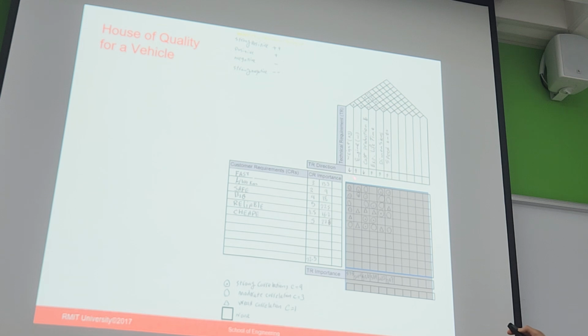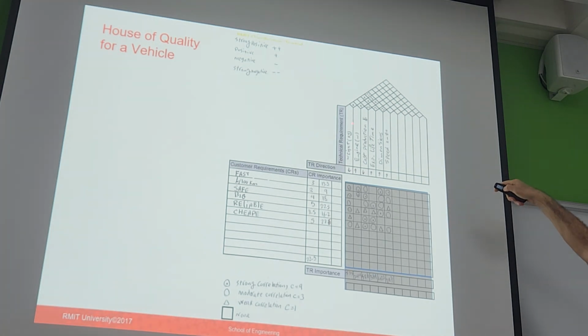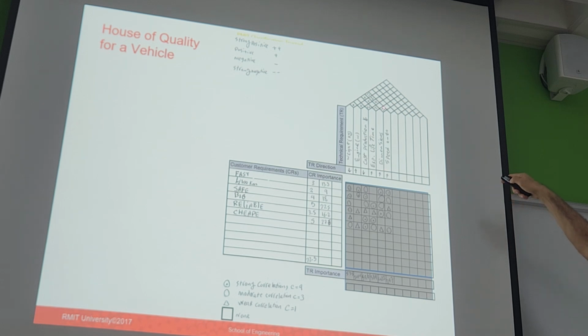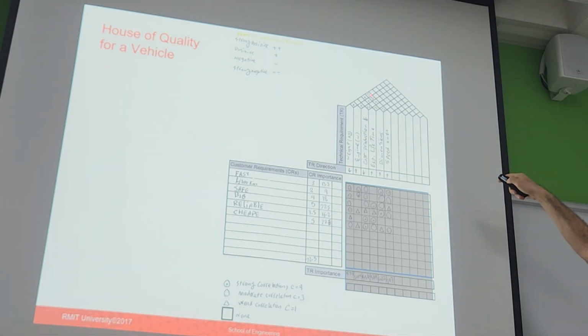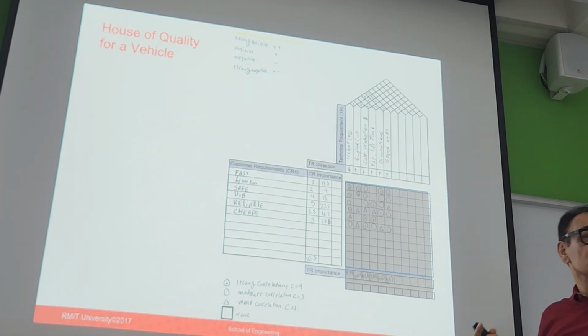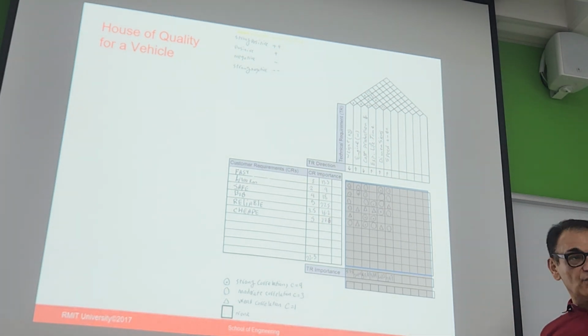It means minimize, maximize, minimize, maximize, maximize, maximize. We put the technical requirements between the different technicals. What is the correlation between, for example, speed and weight? Then we can see here, it shows it comes to here and comes there. So it tells us about the correlation.